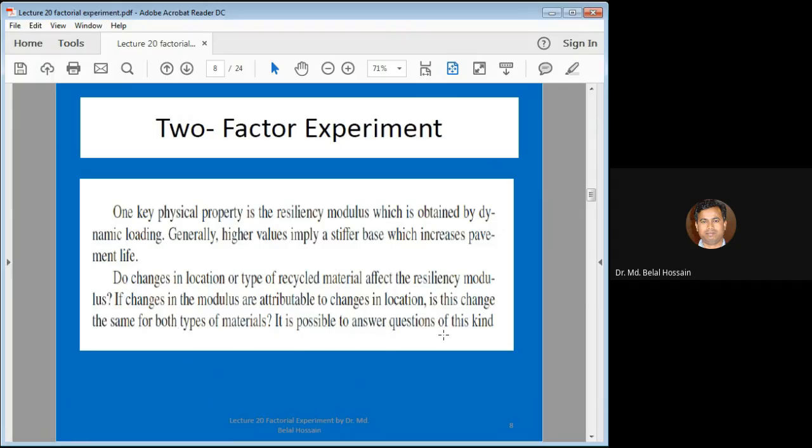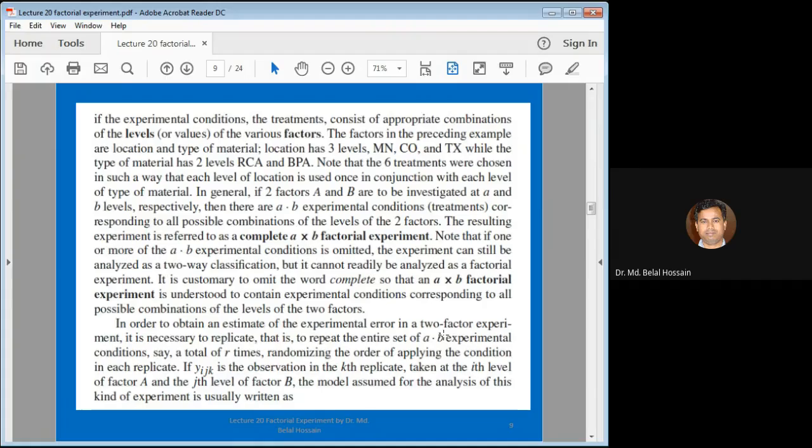Is it possible to answer the question of this kind if the experimental conditions, the treatments consist of appropriate conditions of the levels or the values of the various factors? Okay, so that is the goal. The factors in the preceding examples are location and type of material. Location has 3 levels: Minnesota, Colorado, and Texas.